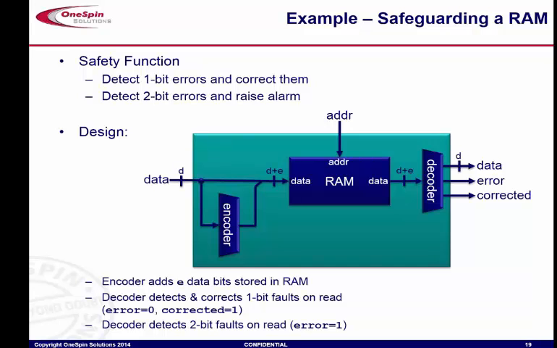Because RAMs are a big area, there's a high probability that some data in RAM gets corrupted. So typically what you do is add a couple of additional bits to the data in the RAM with specific error correction codes, and later decode the data in order to figure out whether it was corrupted.